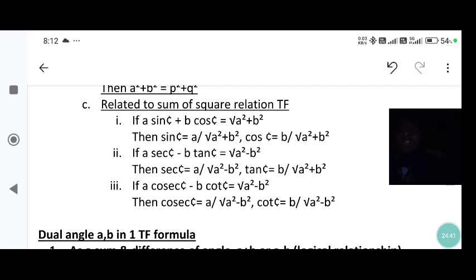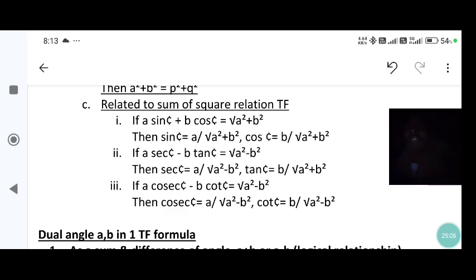Now, the sum of square relation trigonometric functions are sin cos, sec tan and cosec cot. They have some coefficient and the squares are removed, and it is present in value form.